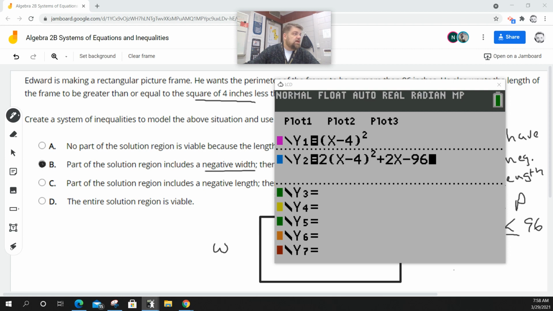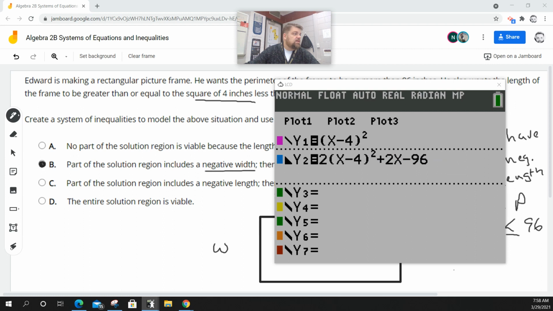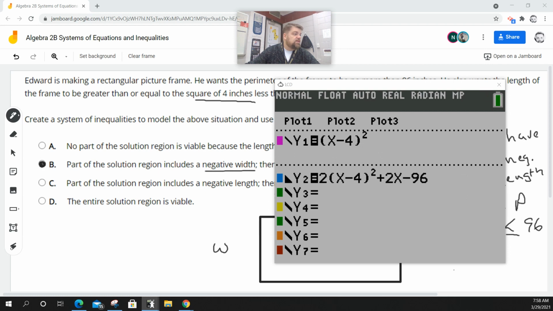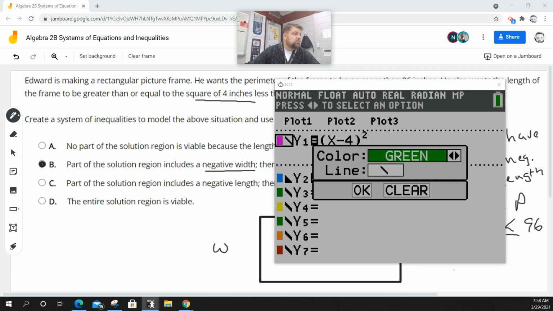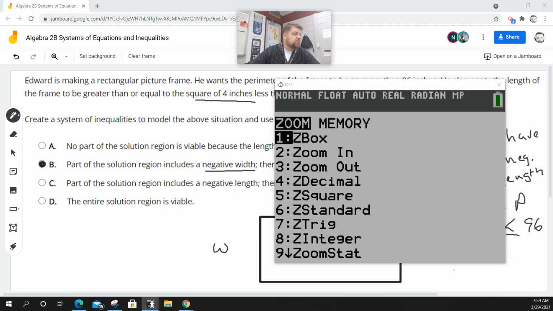Okay. And then this one has to be less than, so we're going to shade below. And then this one has to be greater than this value, so we would shade above. And then zoom, we'll do zoom fit, which is 0.